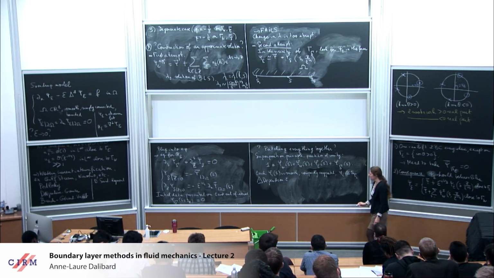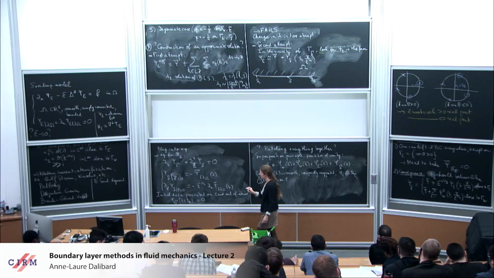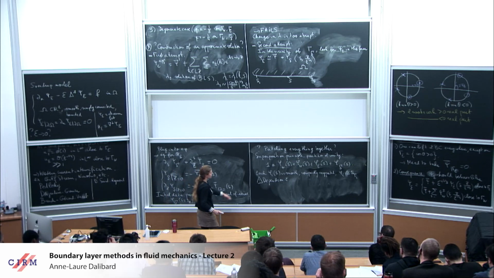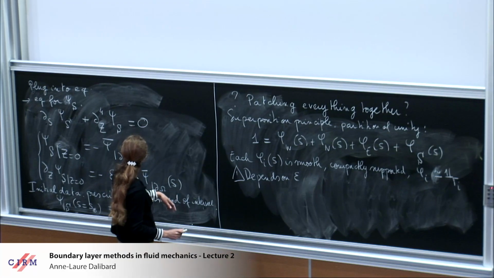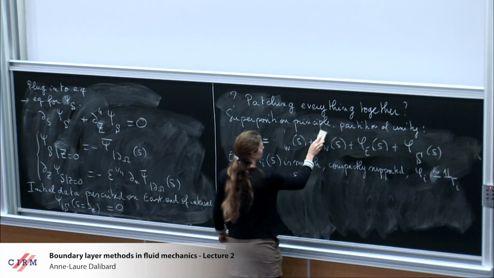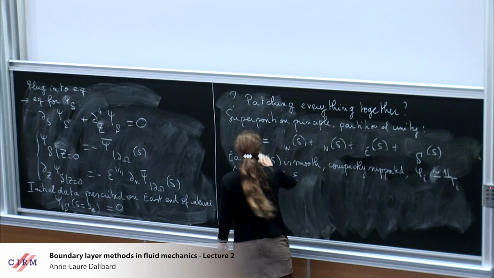And then what you do is that you construct each boundary layer by lifting the... maybe, I don't know if phi is a good notation, maybe let me call this chi. It would be less confusing with the stream function.